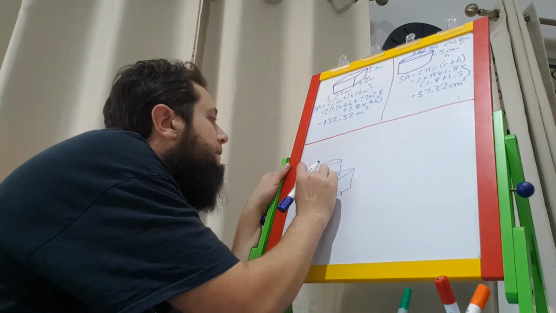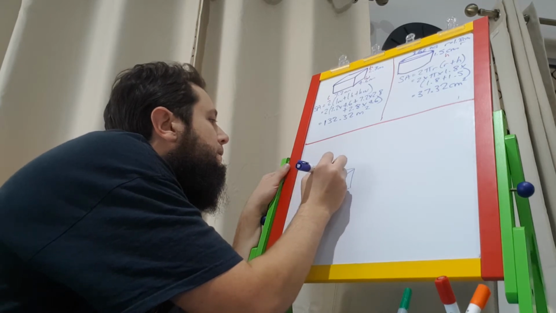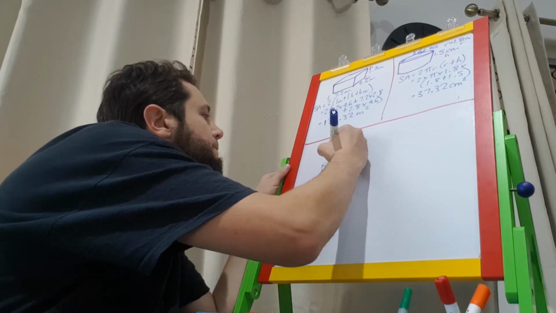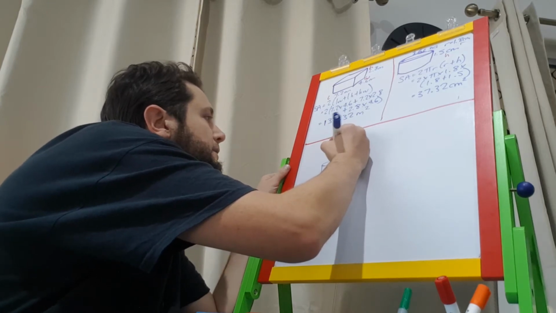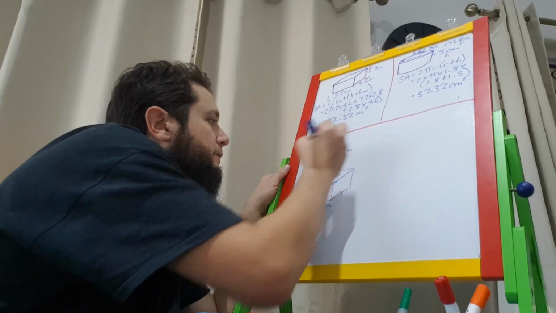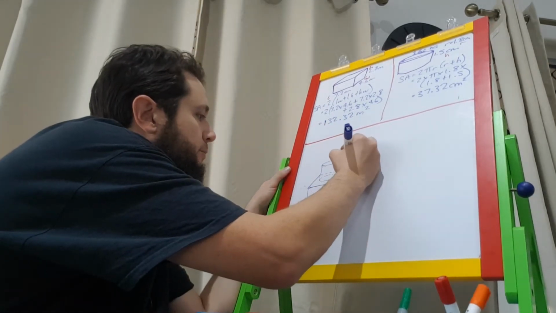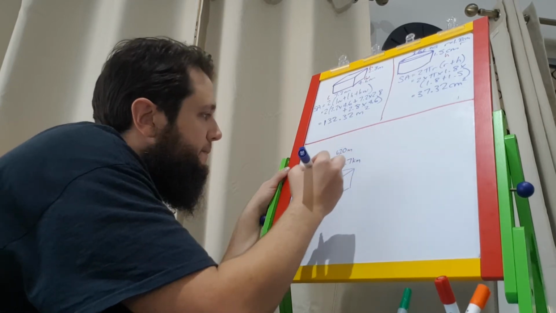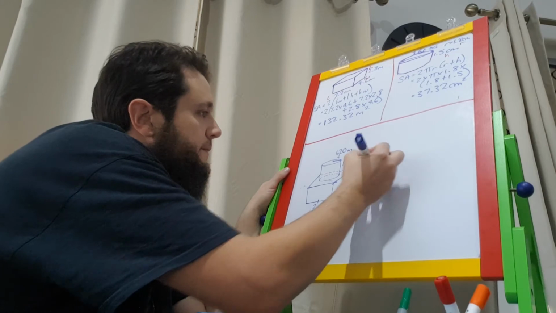And I'm going to make that 620 meters for the radius, and the height here can be 1.7 kilometers, and this height here can be 1.9 kilometers.